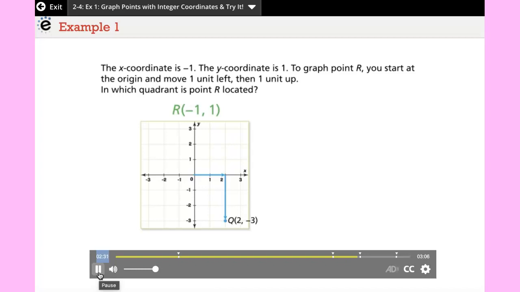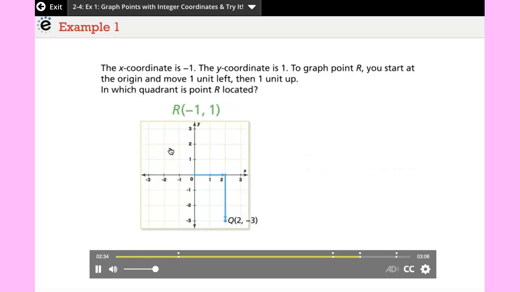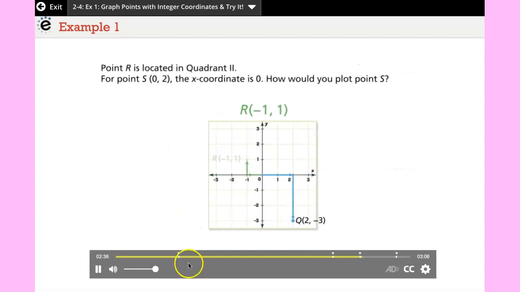In which quadrant is point R located? Select your answer. Anybody could tell us? So if you said that it's quadrant 2, this is 1, 2, 3, 4, and it's quadrant 2. You guys are correct. Point R is located in quadrant 2.